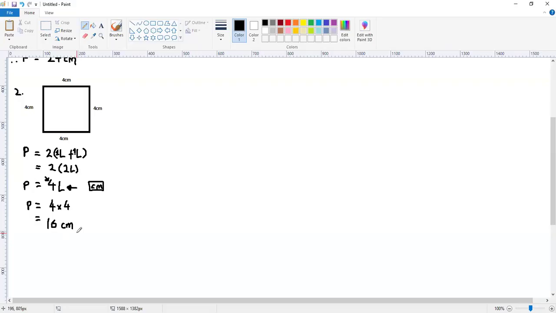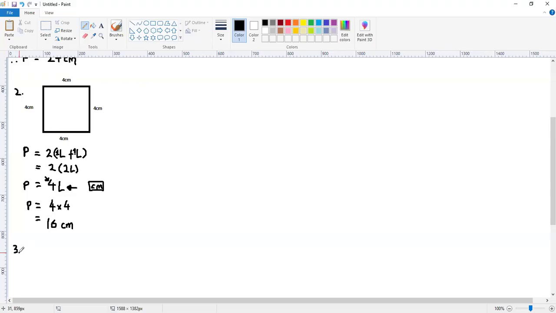Now, when we go to area, you will see that something is going to change about it. Okay, so do you understand it so far for perimeter of a square, so that we can move on to the next one, which is area? Yeah. Okay, good. So perimeter of a square is just 4 times 4.